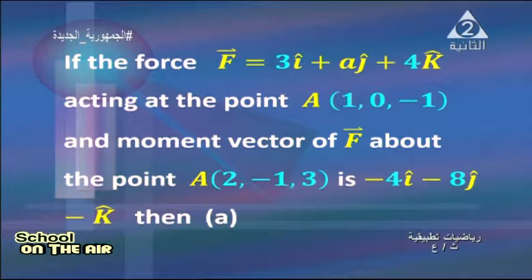Another example. If the force F equals 3I plus AJ plus 4K acting at point A (1, 0, negative 1), and the moment vector of the force F about the point (2, negative 1, 3) is negative 4I minus 8J minus K. Remember, my dear student, the force F has 3 components: 3, A unknown, 4.